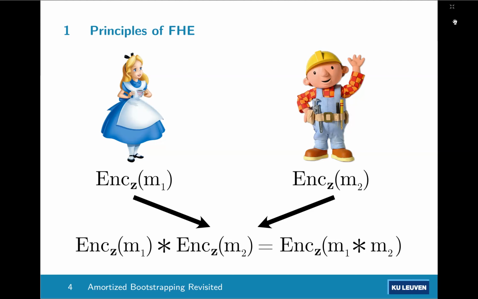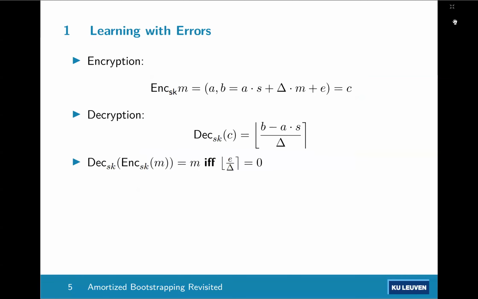However, when we do this, there is often a significant problem, and the problem is that this has a significant amount of noise. To see this, we can take the tautological example, for example, LWE encryption. As we can see here, we are encrypting message M under a secret key S, and that introduces some noise E. This can only be decrypted if the noise at the end is low enough that it rounds to zero.